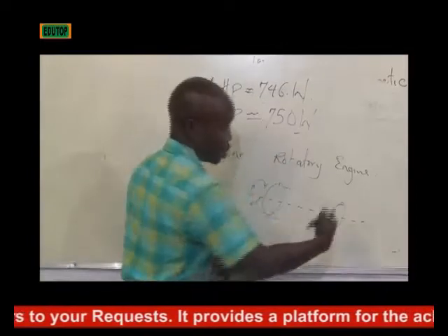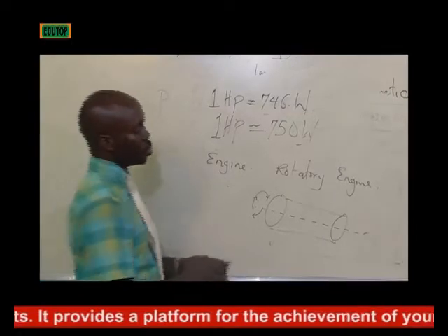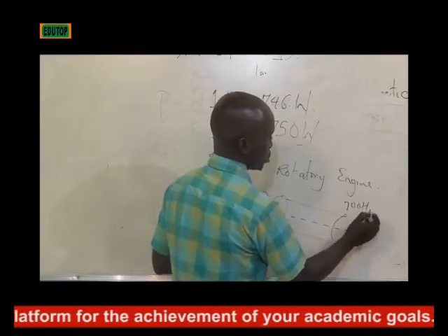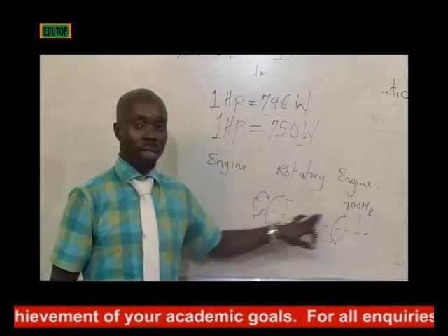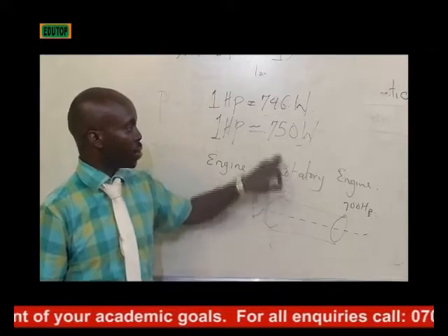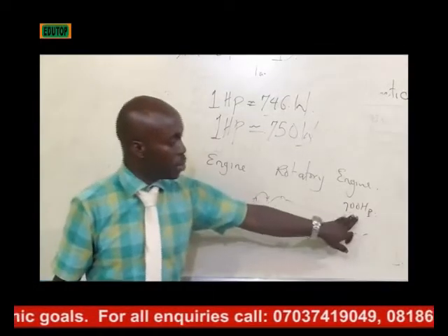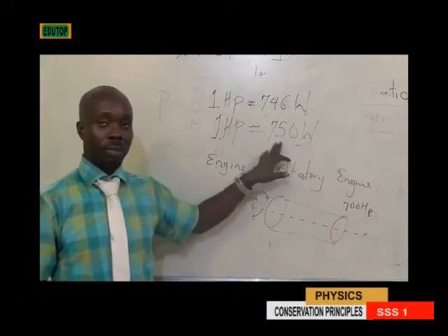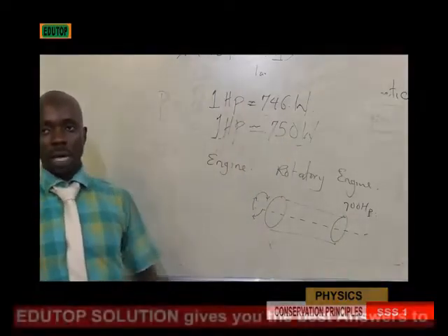When it rotates this way, it's a rotatory engine. If you buy a rotatory engine and you are being told that that engine has 700 horsepower, at this junction, you'll be able to know what is meant by horsepower. You know that they are talking about the rate of power at which that engine will operate. You should be able to calculate it, because you know that 1 horsepower meant 746 watts.